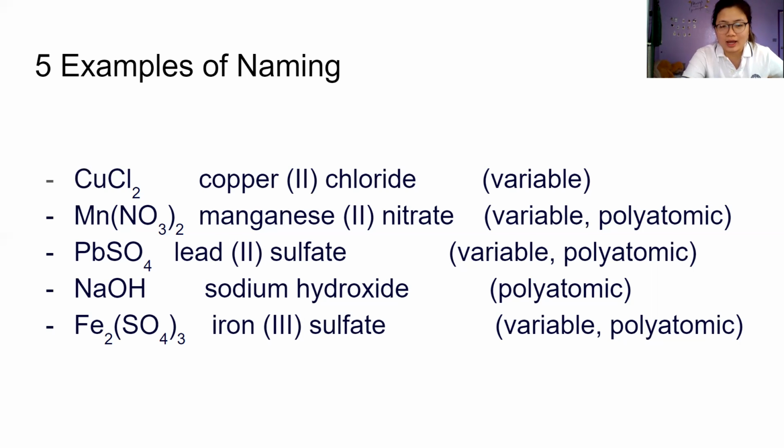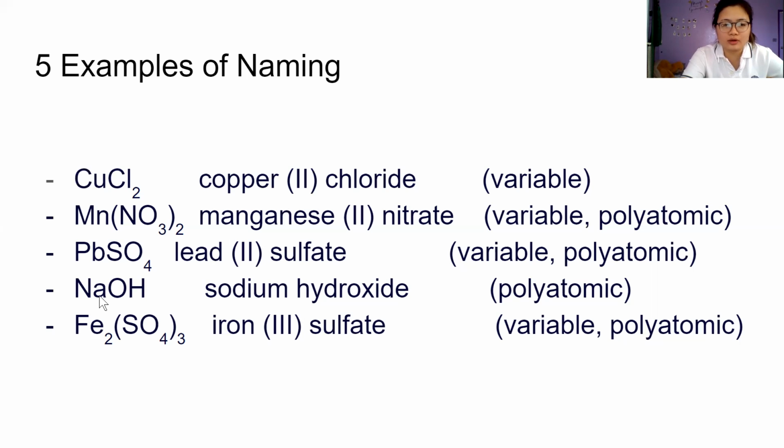We don't add IDE at the end, we just simply say nitrate is its name. The third example is PbSO4, and the name is lead 2 sulfate, like the one earlier. SO4 is a polyatomic ion, and we don't change the name. We only say its name, sulfate, at the end after the cation.